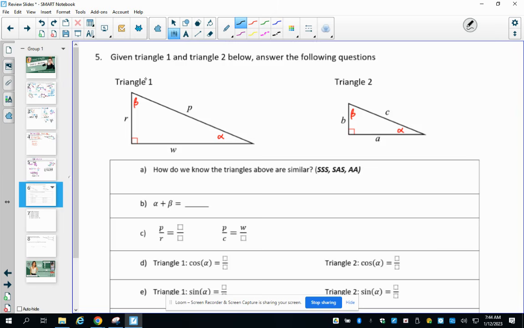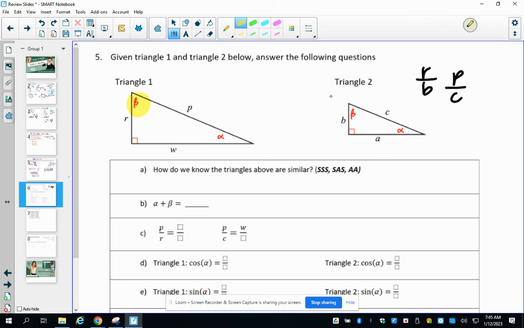Number 5, given these 2 triangles below, answer the following questions. So how do we know that these triangles are similar? Side-side-side, side-angle-side, or angle-angle? Now, they don't give us any measurements for the sides. They just have letters. So we have no way of knowing if the sides are proportional just by looking at what R over B is, because we don't have any numbers there, or P over C. But we do see that they gave us angles.